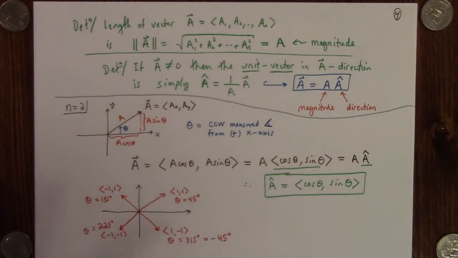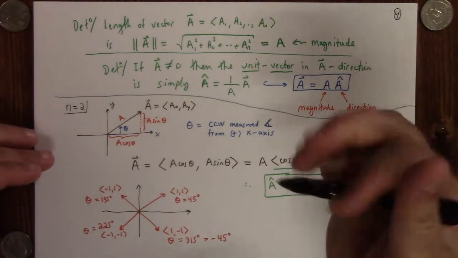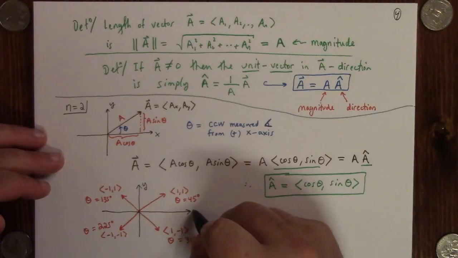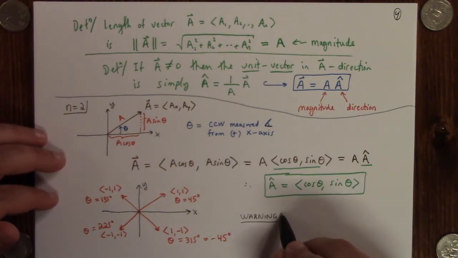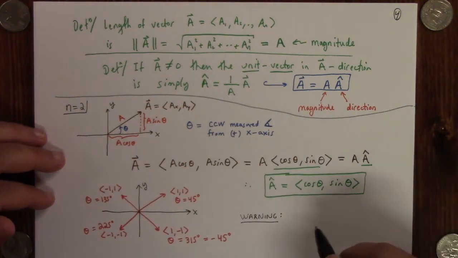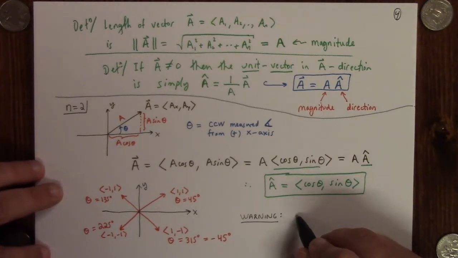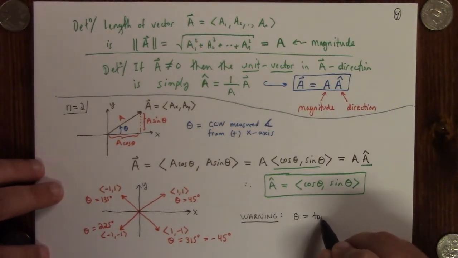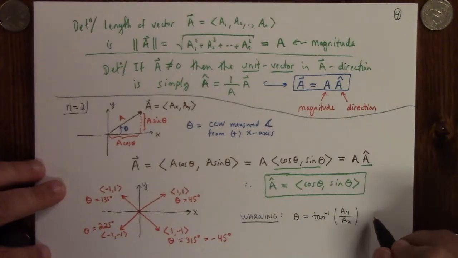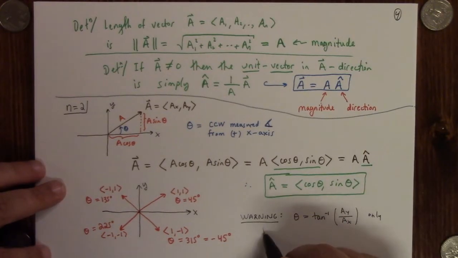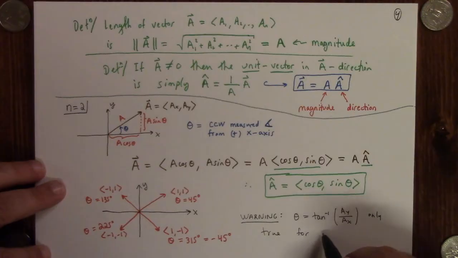The reason I draw your attention to this is just a warning, in case you already know this. When you're trying to calculate the standard angle, you've got to be careful and think through it. It is only the case that theta is the inverse tangent of AY over AX when the x component is positive.